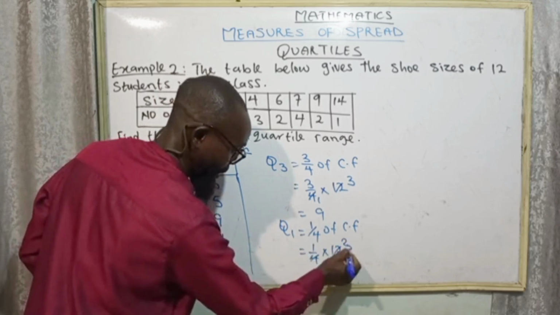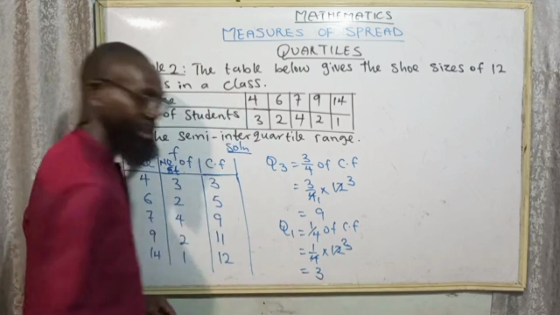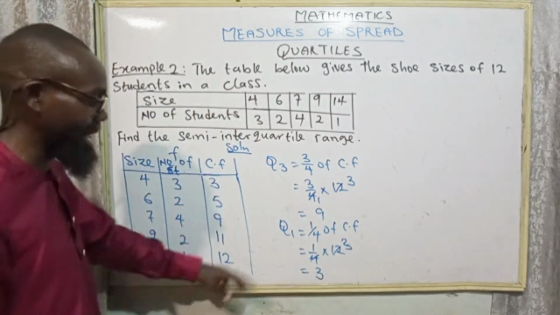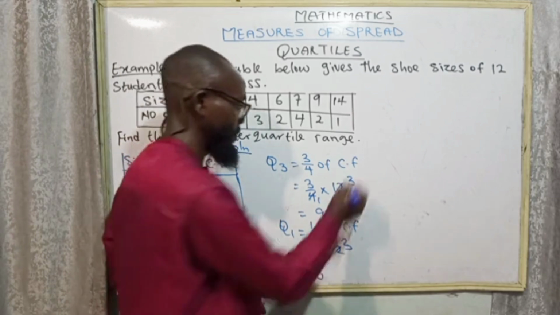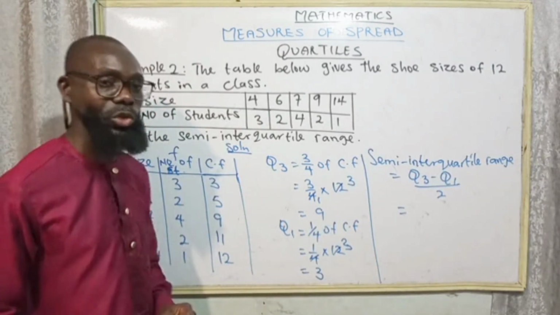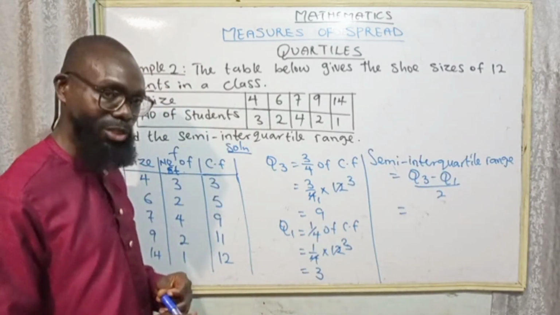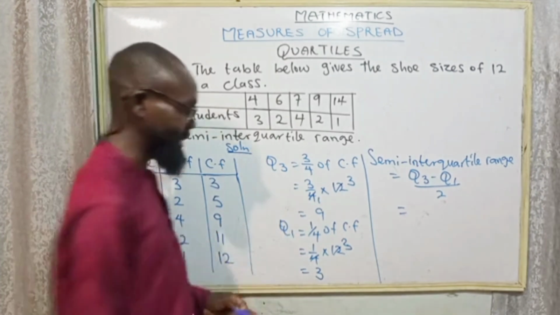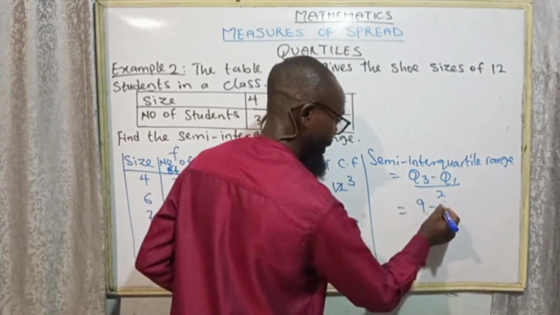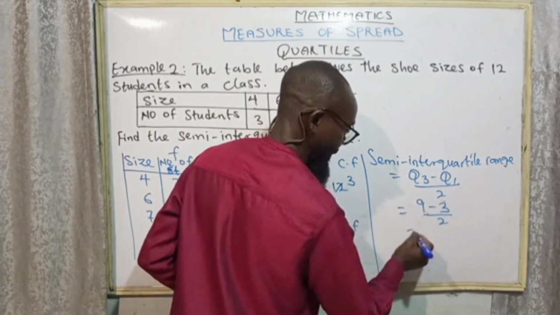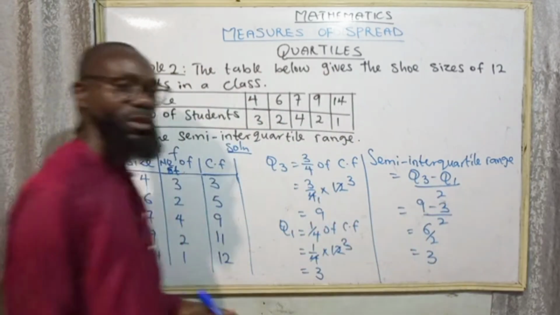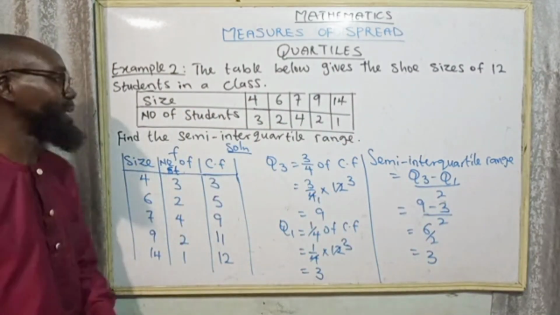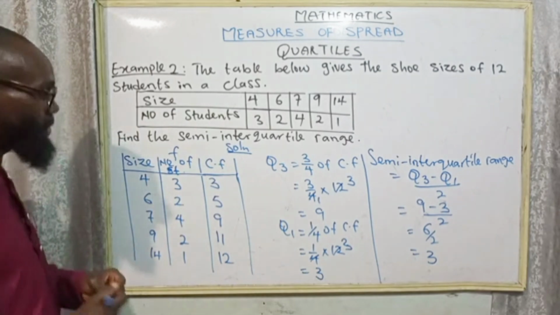So we have 3. So we've gotten our Q3 and our Q1. Then our semi-interquartile range is equal to Q3 minus Q1 divided by 2. Our Q3 is 9 minus 3 divided by 2, that is 6/2, which gives what? 3.